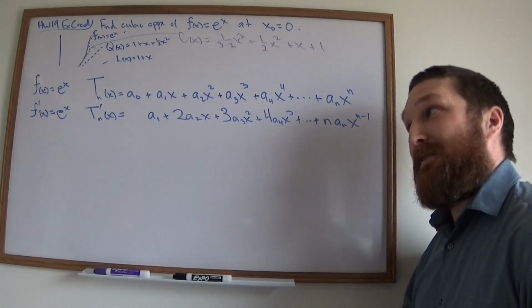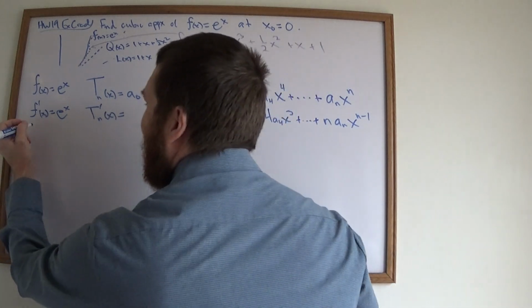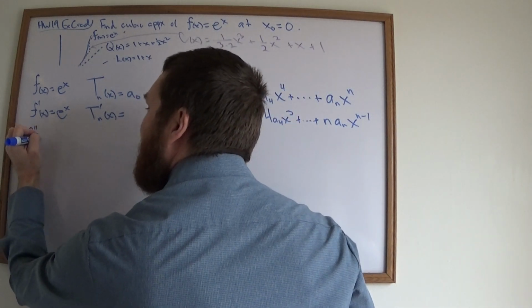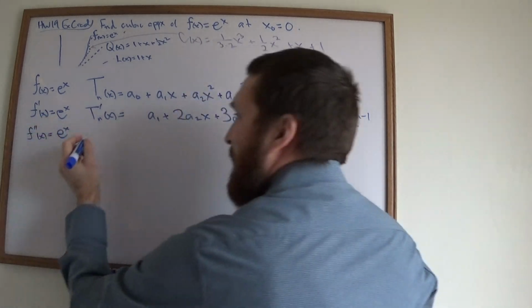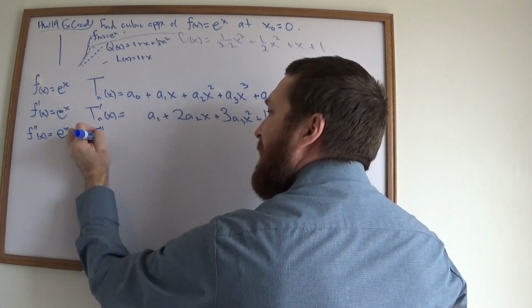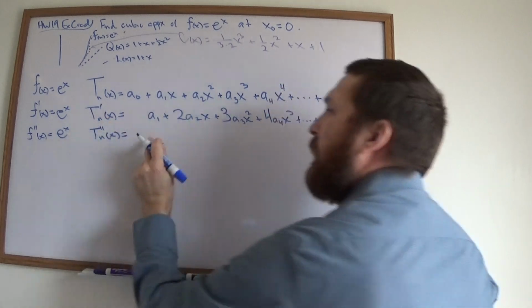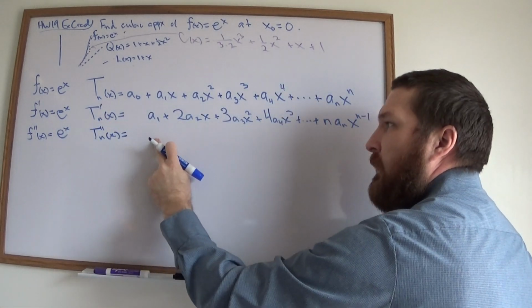I want to be able to spot patterns here. Now let's take the second derivative. e to the x is just e to the x. Now I take the second derivative of the polynomial, and what do I get? That goes away, that goes away.